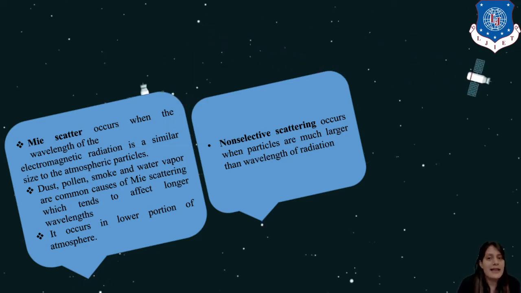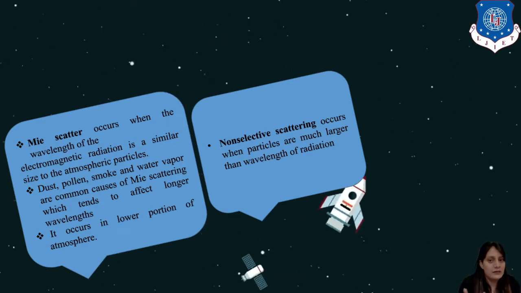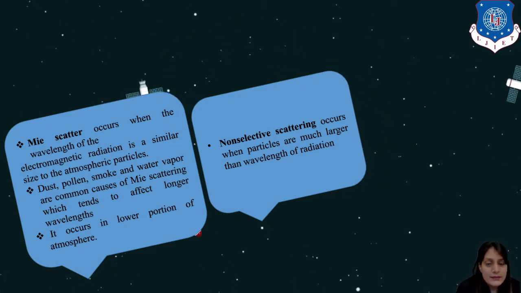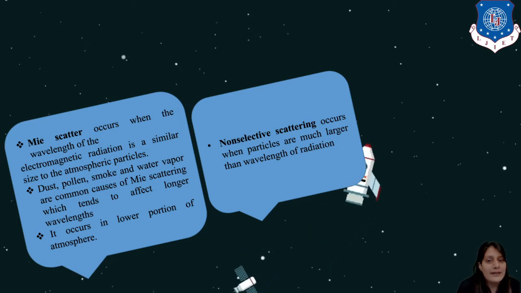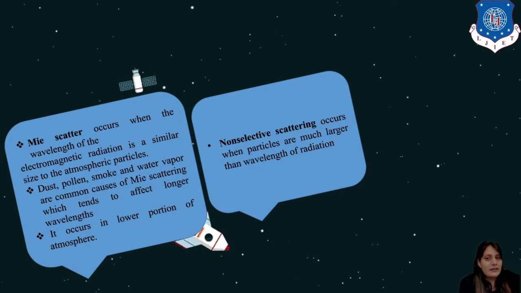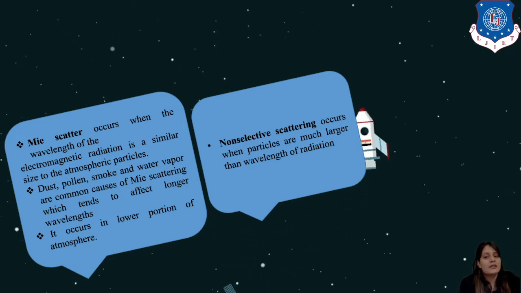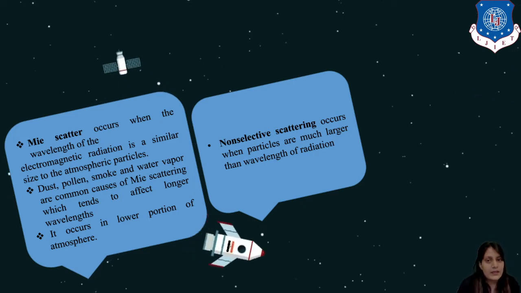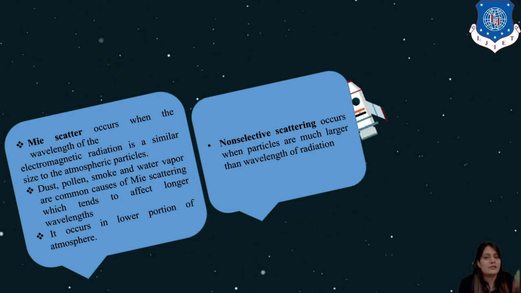The very basic scattering means energy is scattered from its original path. We have discussed Rayleigh. Rayleigh says when the particle size is smaller than the wavelength, the energy is not much redirected. It will just pass through.